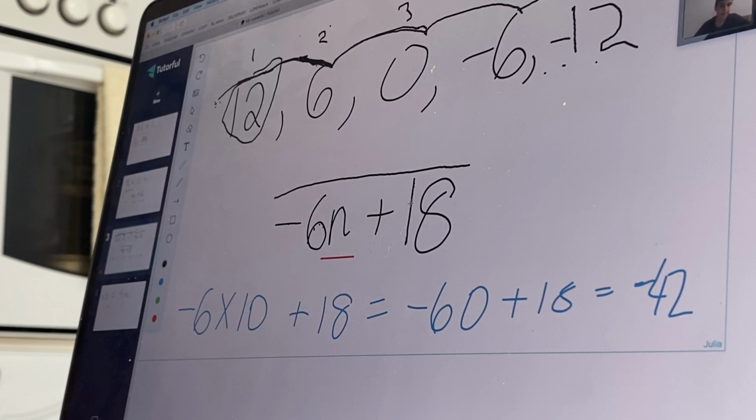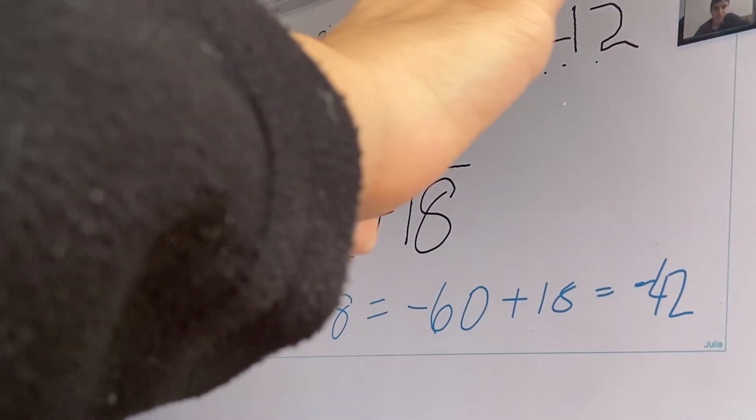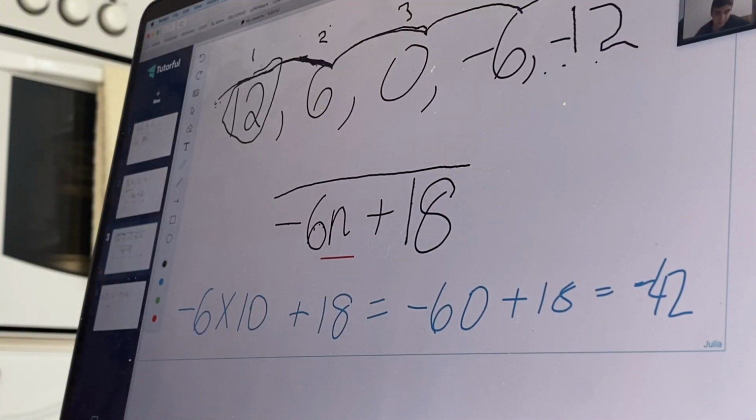Yes. The n will show us, how can I put this in simple terms? It just shows us where we are. It helps us find the term that we're interested in.